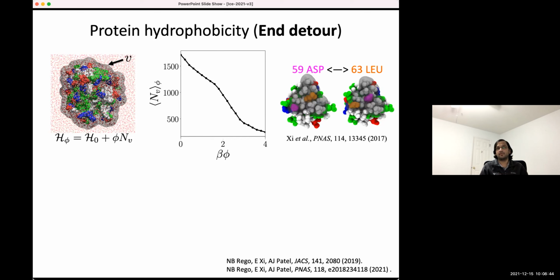So as an example, if we take this particular protein and swap two of its amino acids, the locations where these two amino acids are, then that can change the hydrophobicity of this particular patch by almost 20%.